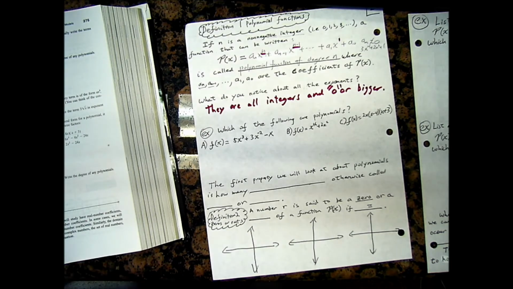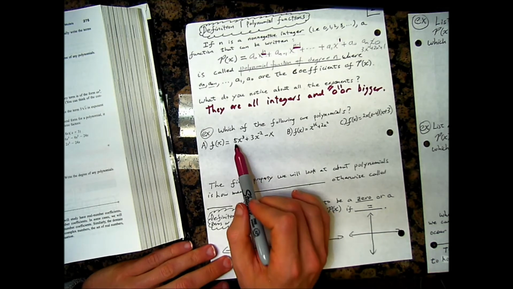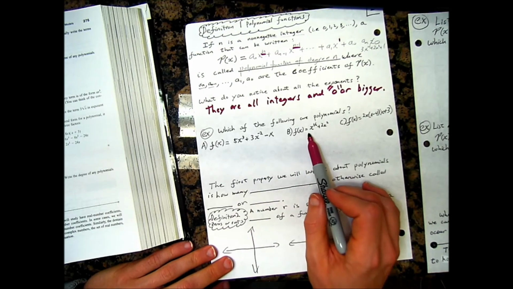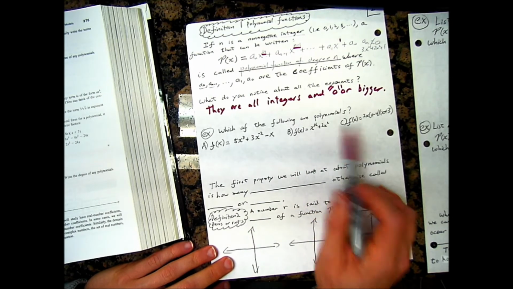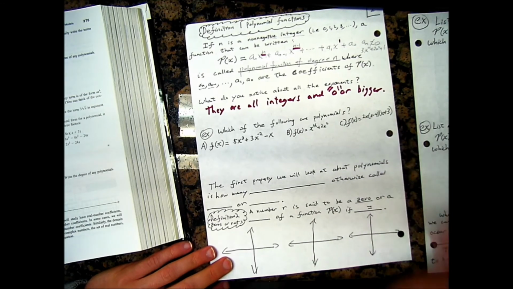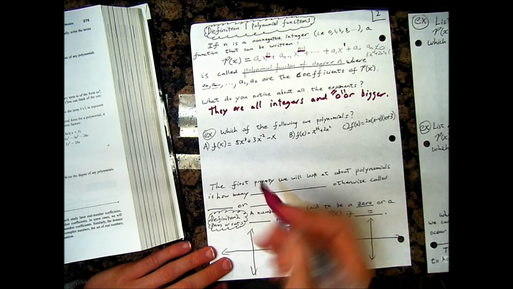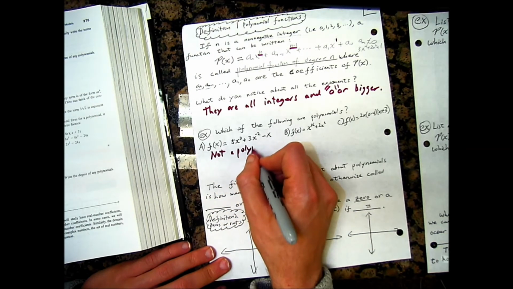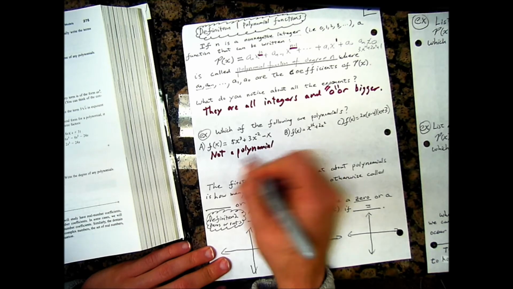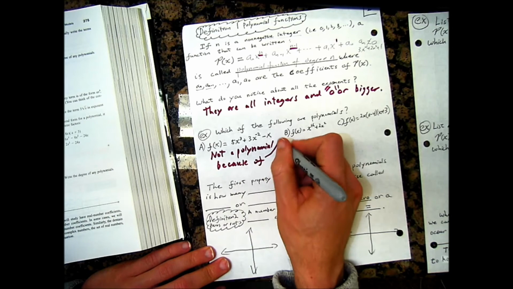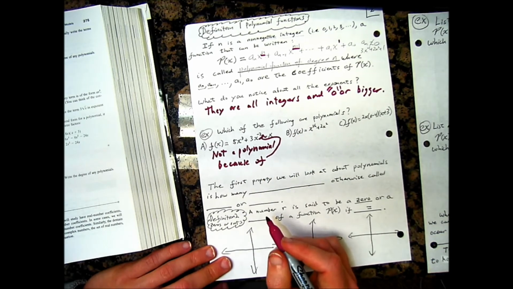So which of the following would be polynomials? I have 5x cubed plus 3x to the negative 2 minus x, x to the 1/2 plus 2x squared, and then this thing, 2x times x minus 4x plus 3. Well, this is not a polynomial because of that negative 2.